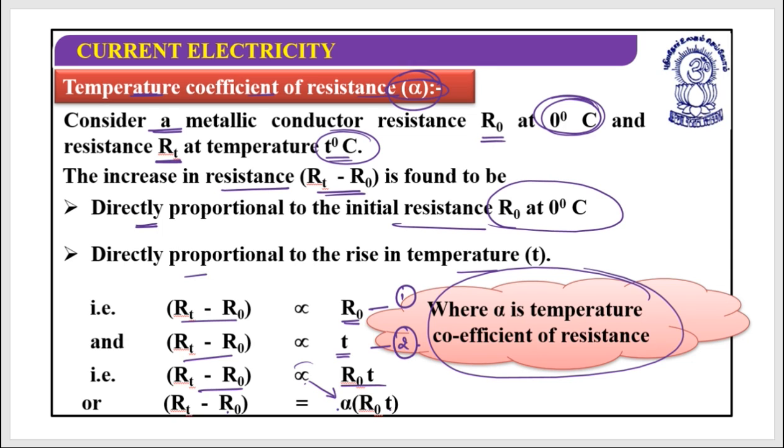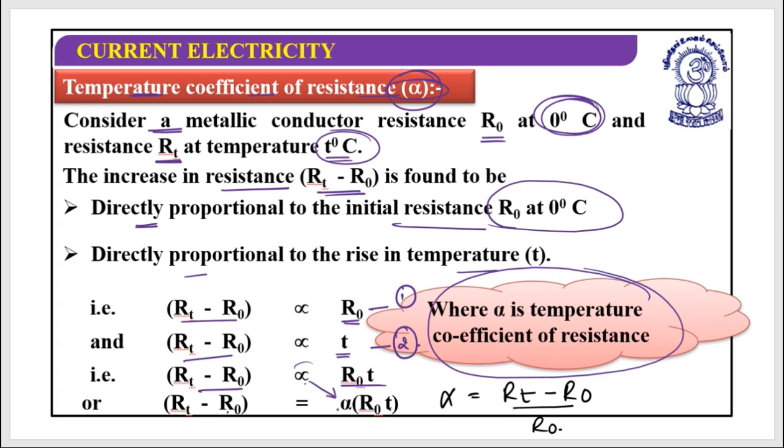I hope those things are clear. Yes, one more thing, alpha could be written as RT, that is resistance at T degree Celsius, minus R0, which is resistance at 0 degree Celsius, divided by R0.